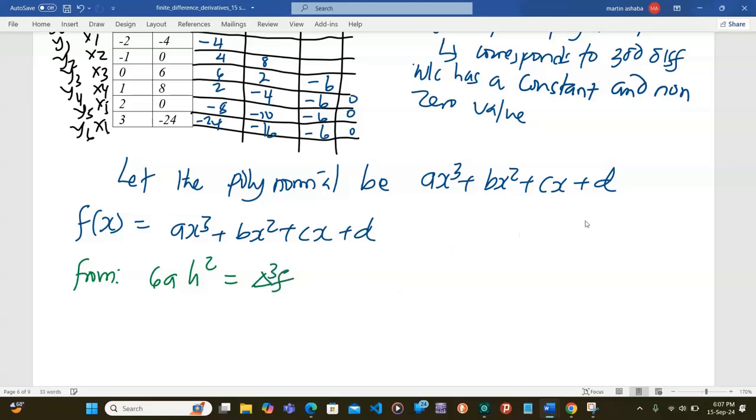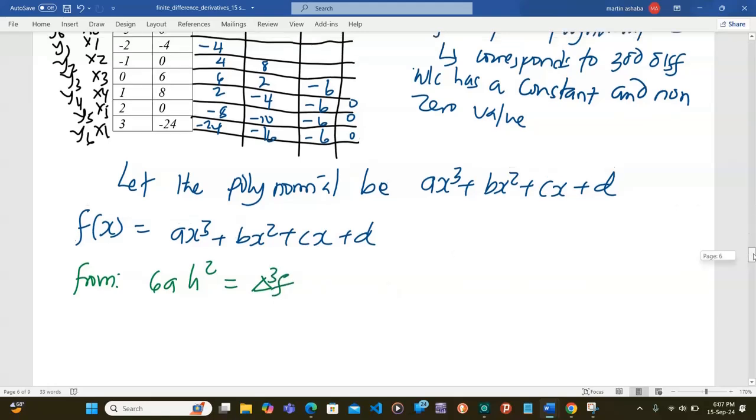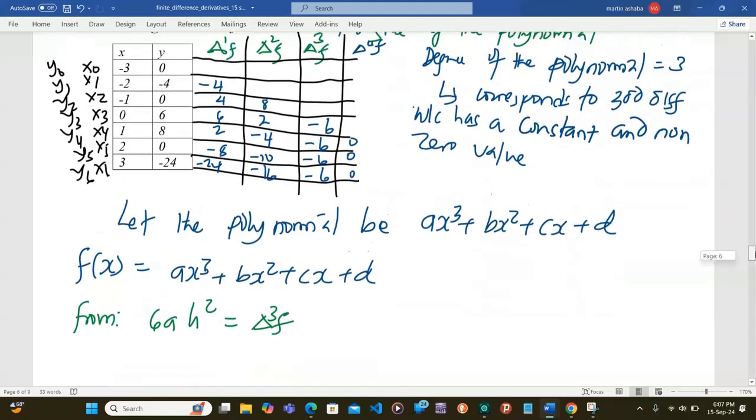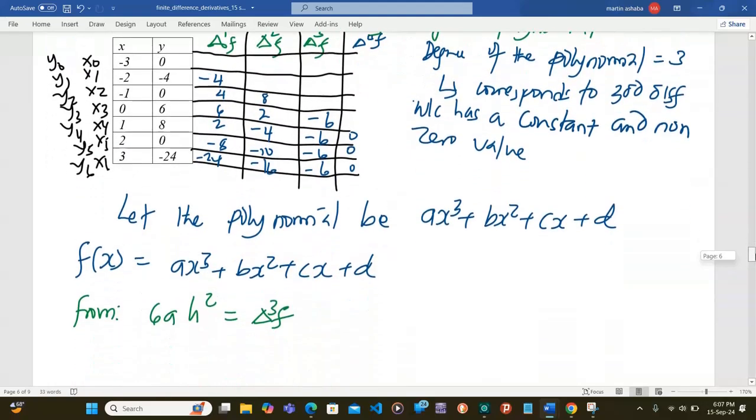So that third difference is related to a by this expression, it is directly proportional to 6a and h squared.